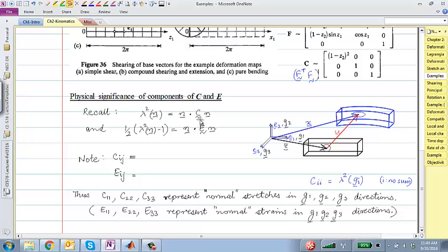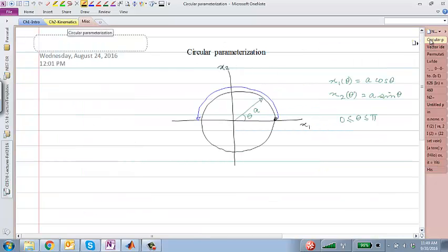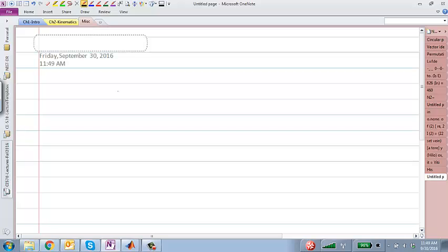Can you tell me what I would get if I were to do Cij? If I have some tensor C, which is given by components C11, C12, C13, C21, C22, C23, C31, C32, C33.